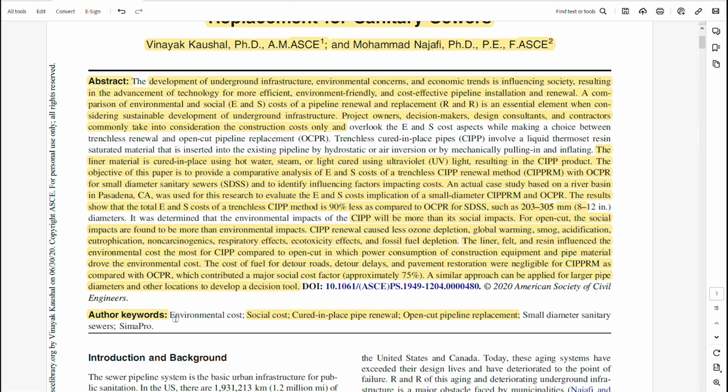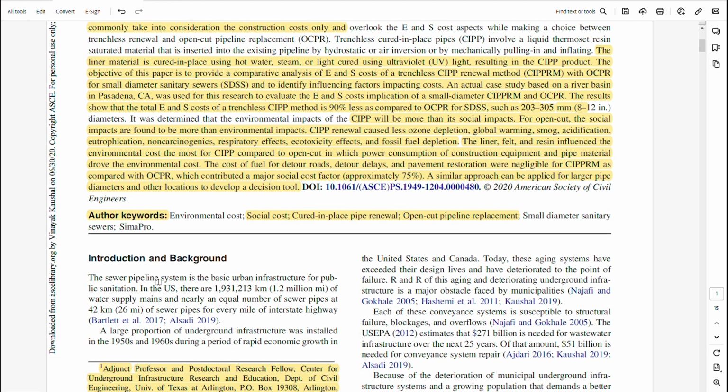Now coming to the first section of the paper, it is introduction and background. Sometimes it is also called just introduction, or sometimes it's also called background.